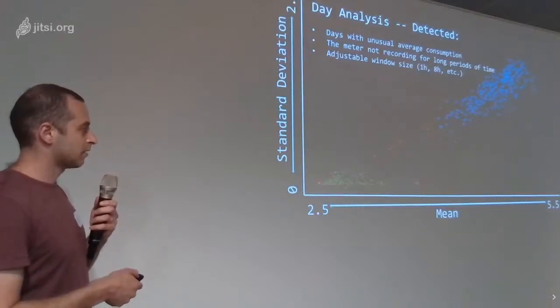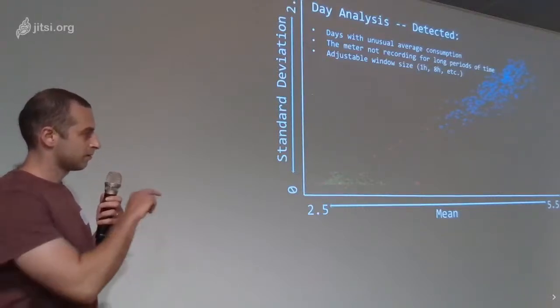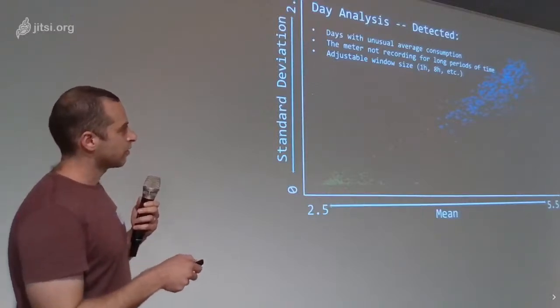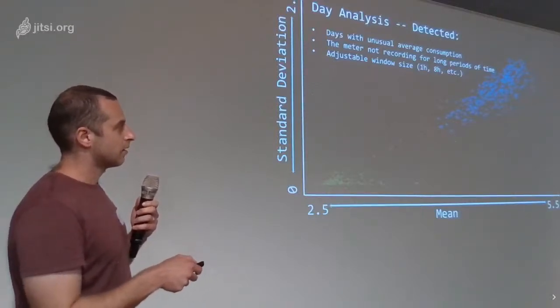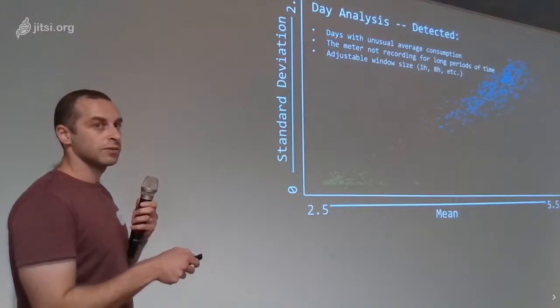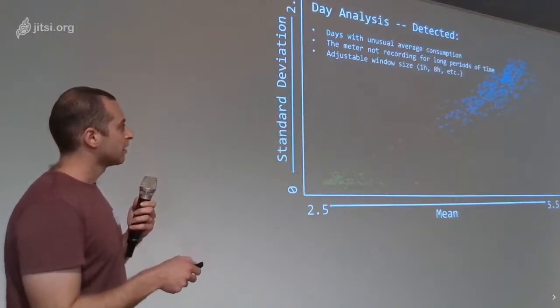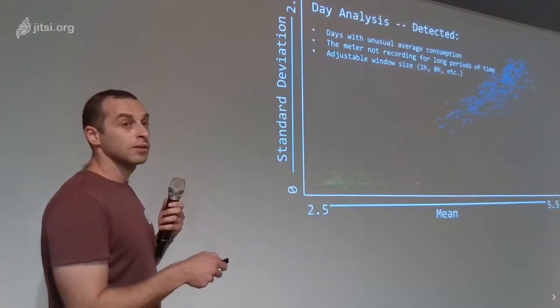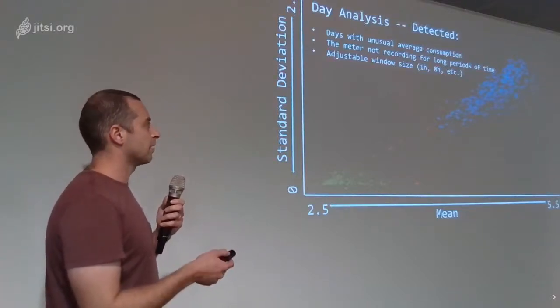So nothing was running. So the readings were low and not deviating. Then here you have a cluster of working days, which are blue points. And now we say that everything which is out of the cluster is an outlier.